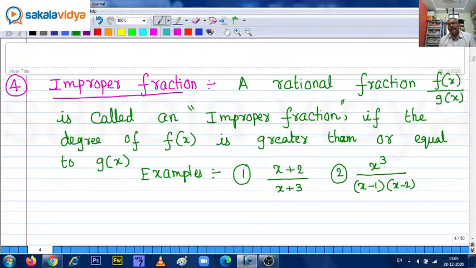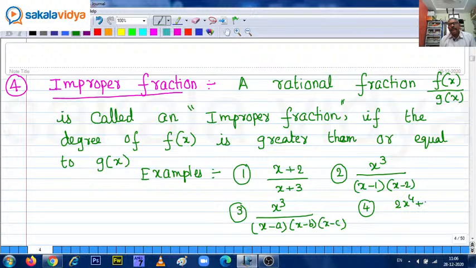Degree of numerator is 3, degree of denominator is 2. So it's also improper fraction. One more example, x cube upon x minus a into x minus b into x minus c. And next, 2x to the power of 4 plus 5 by x square minus 5x plus 6. So these are the examples for the improper fractions. You can give your own examples also.